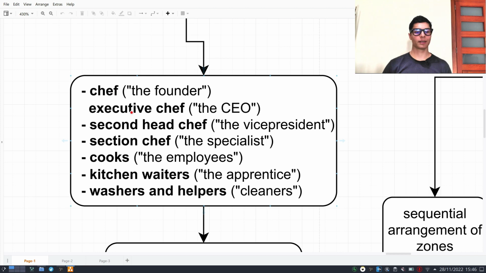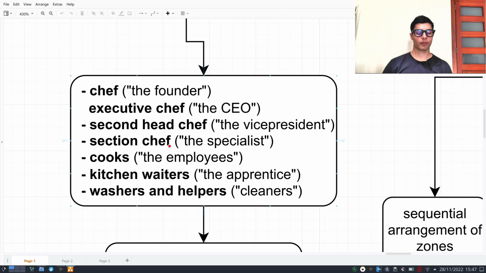So the chef and the executive chef, which most of the time is the same person, prepare the menu and have all the recipes and secrets about the dishes that the rest of the people are going to prepare. Then the second head chef is the directive, and he manages what happens in the kitchen and coordinates all the processes.